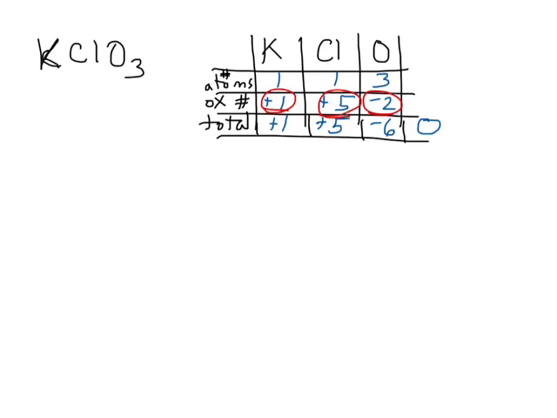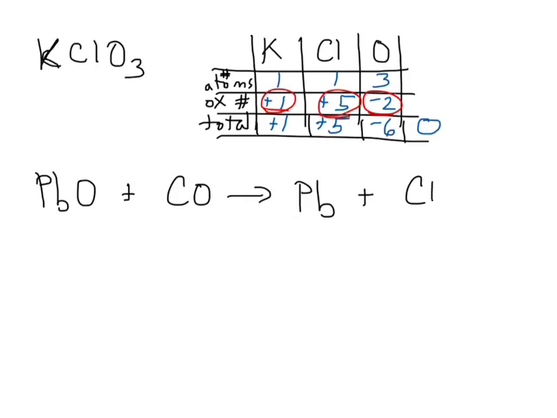Let's look at one more example. Let's do another reaction: lead oxide plus carbon monoxide turns into lead and carbon dioxide.